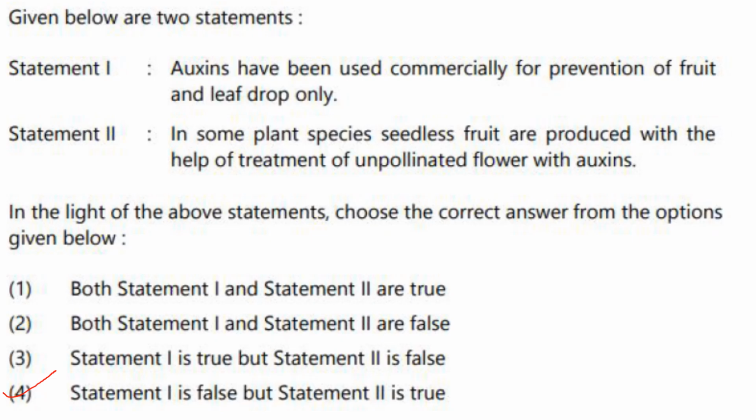Then, in some plant species, seedless fruits are produced by treatment of unpollinated flowers with auxin. Yes, auxins induce parthenocarpy, producing seedless fruits without fertilization. So statement 1 is not correct, but statement 2 is correct, and your answer is option 4.